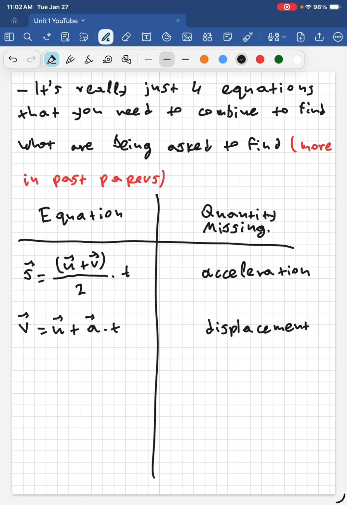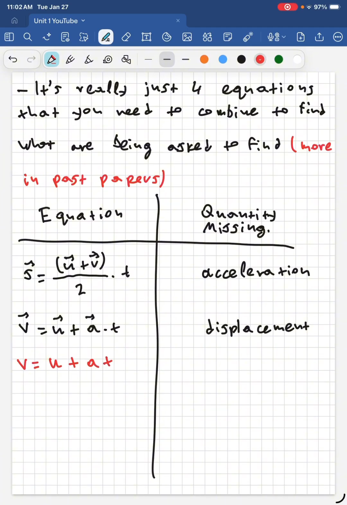And one more thing, here we are using vectors still, okay? So in practice, I'm gonna write it and erase it. In this equation, if we don't use the vectors, we write it like this, okay?